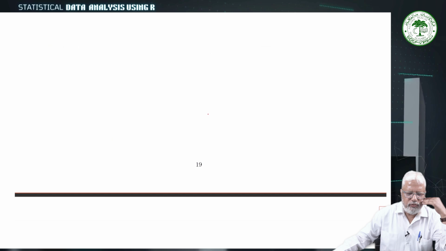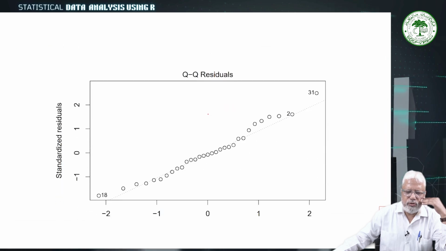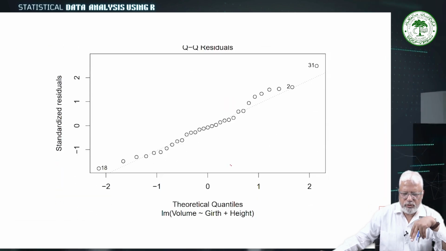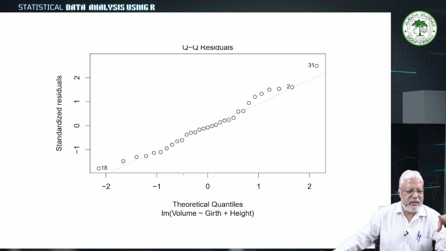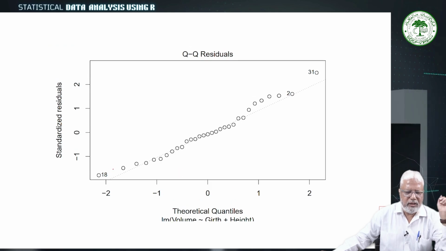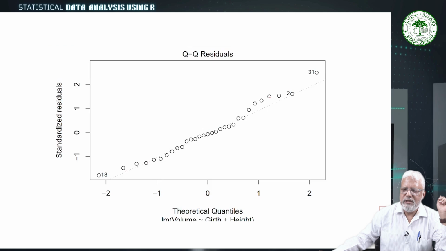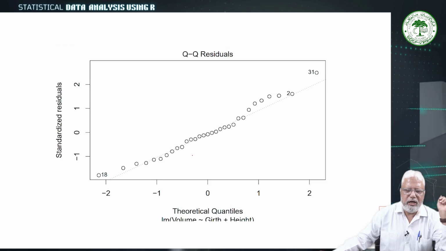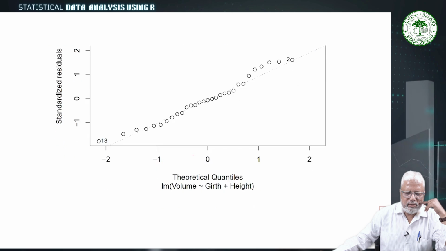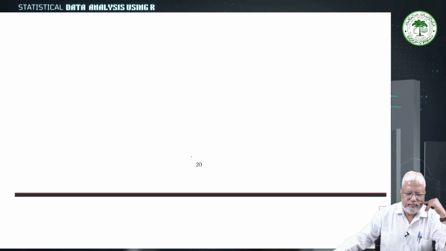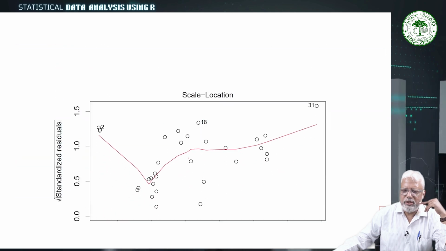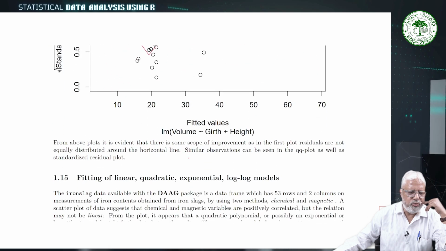And the second one is the QQ plot, theoretical quantiles and standardized residuals. Here they are around a line, so that means the normality assumption is very good, and the scale-location plot also is very good.